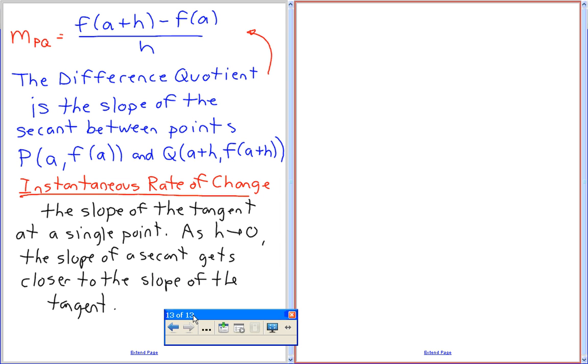Rest of today's examples. Example 1 says, let f of x equals negative 2x squared.